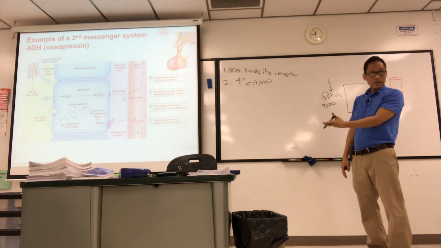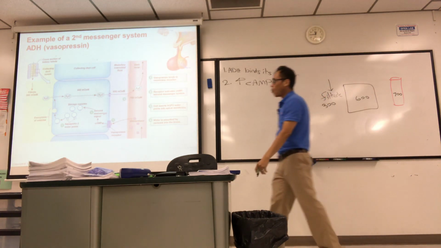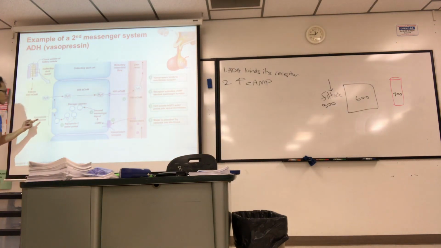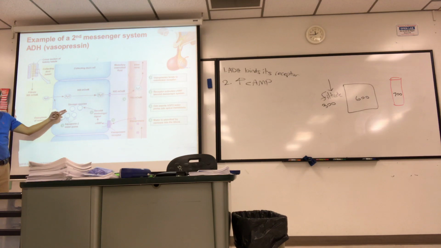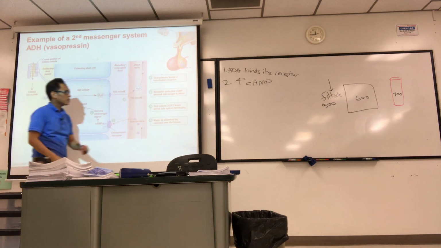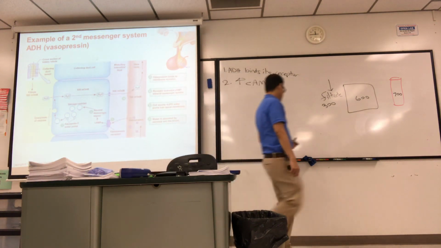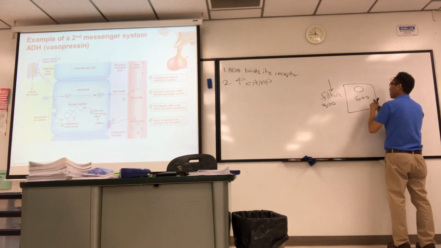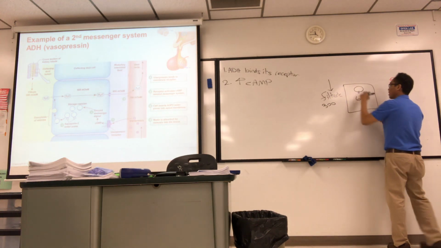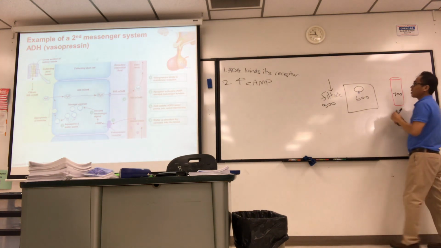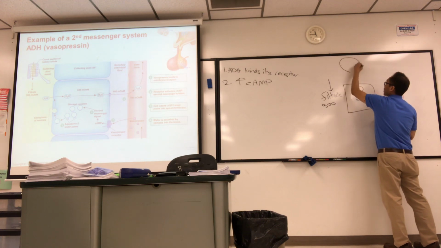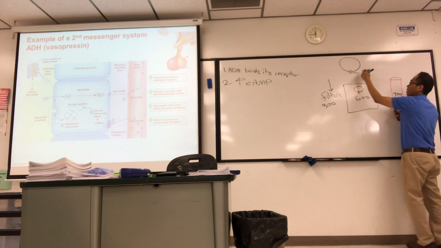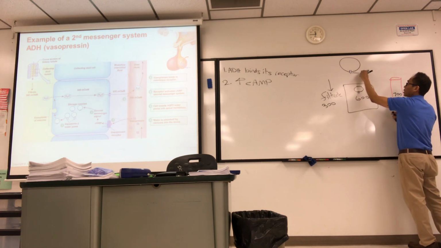Now, in response to that, you want to get all the water out of the filtrate. On the other side of the cell, where the filtrate is, these storage vesicles contain aquaporins. What you're looking at there, let me draw it a little bigger: that little blue thing is a water pore, aquaporin.